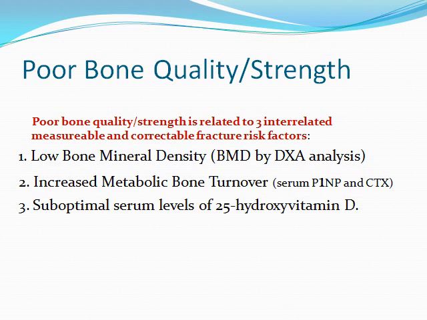Poor bone quality and strength is related to three interrelated, measurable, and correctable fracture risk factors. One, low bone mineral density, which is determined by DXA analysis. And the second is increased metabolic bone turnover, and there are various serum markers of bone turnover that one can order, but P1NP and CTX are popular now.